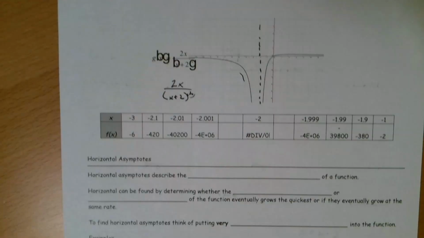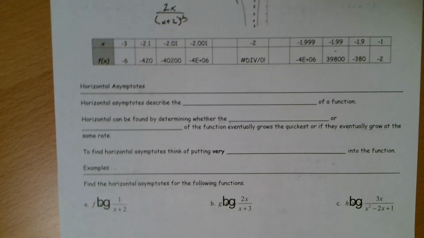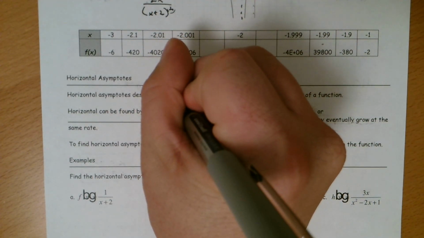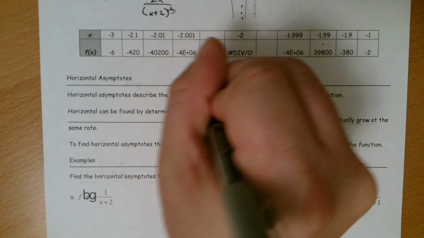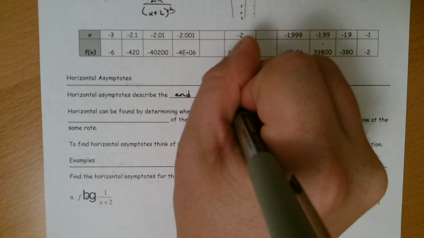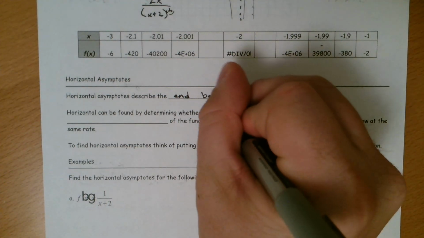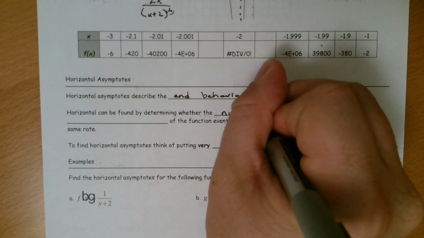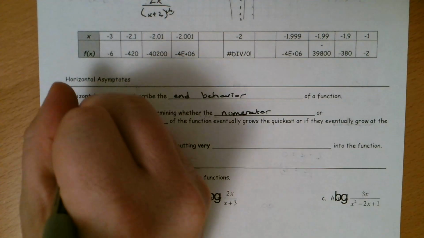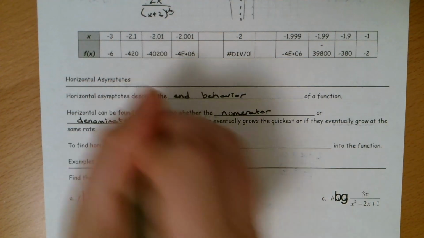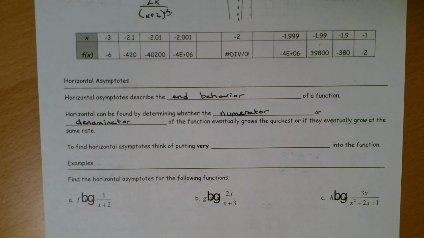Now moving on to talk about horizontal asymptotes. First things first, horizontal asymptotes, this is important. They describe the end behavior. So what is your graph doing at infinity or negative infinity of a function? They can be found by determining whether the numerator or denominator of the function grows the quickest.